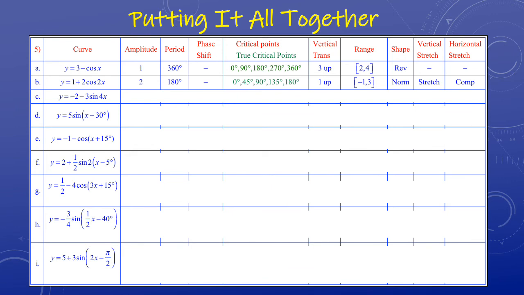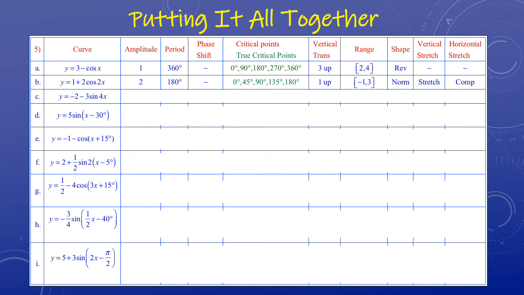In B, our curve is y is equal to 1 plus 2 cosine of 2x. Our amplitude is 2, our period is 360 over 2, which is 180 degrees. With no phase shift, our true critical points are 0, 45, 90, 135, and 180 degrees.